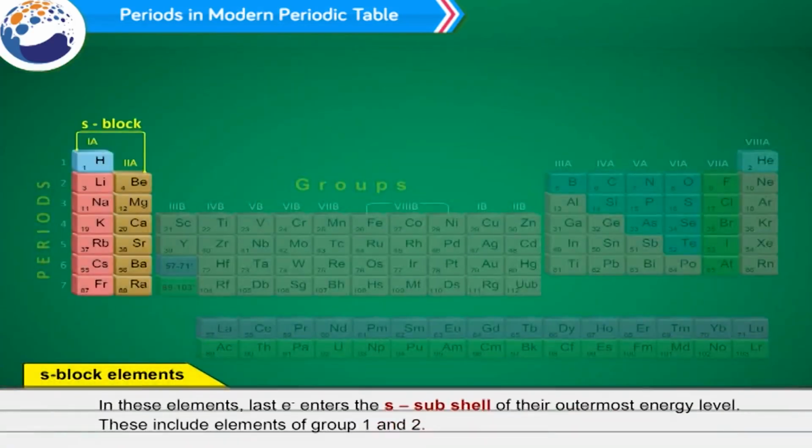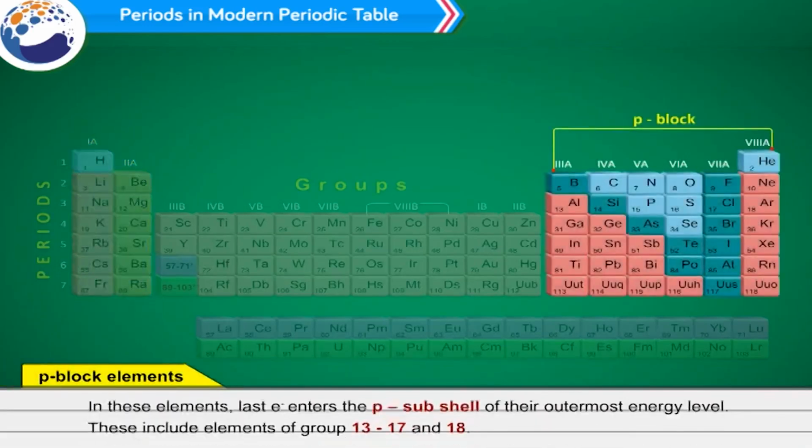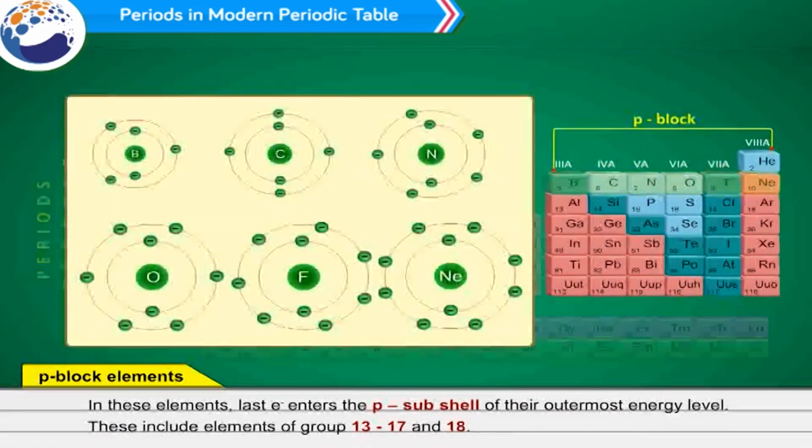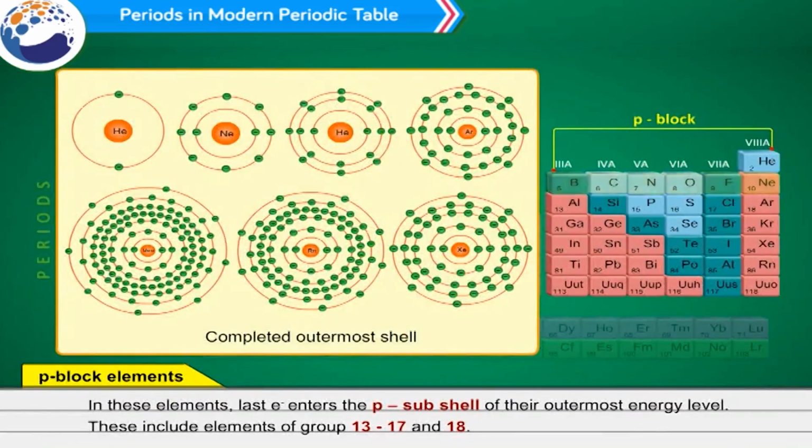In these elements, the last electron enters the s subshell of their outermost energy level. These include elements of groups 1 and 2. P block elements. In these elements, the last electron enters the p subshell of their outermost energy level. These include elements of groups 13 to 17 and 18.